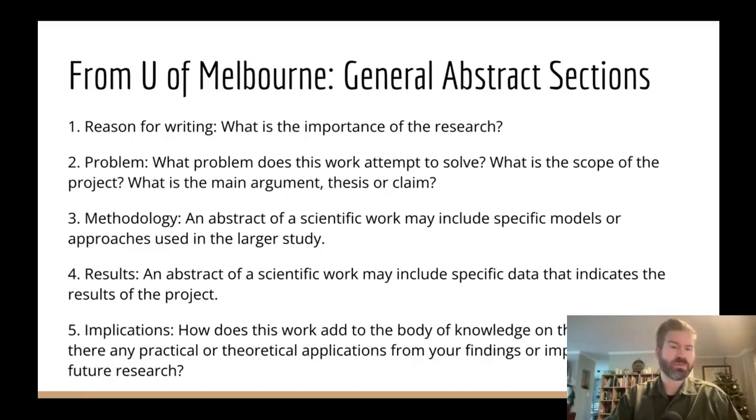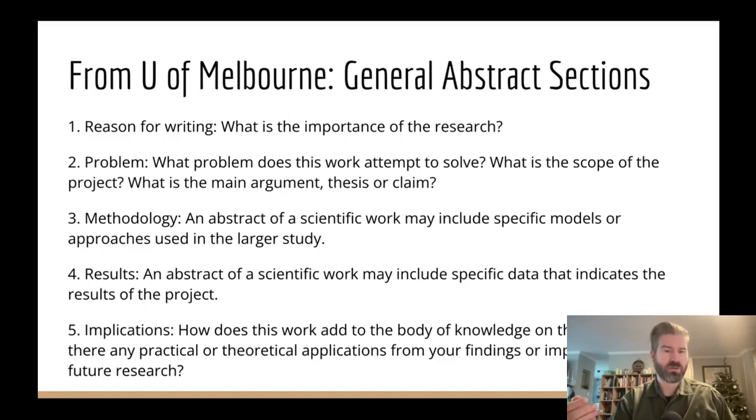From the University of Melbourne, very similar again to the UW's. Even though they talk about it as sections, what you're really talking about here is maybe 2, maybe 3 sentences, right? So the reason, right, what is the importance of the research, the problem, what problem does the work attempt to solve, and what's the scope of it, the methodology. Again, we talked about that.